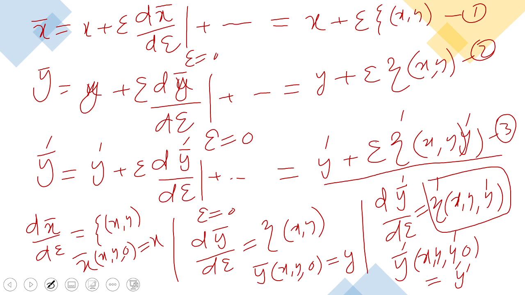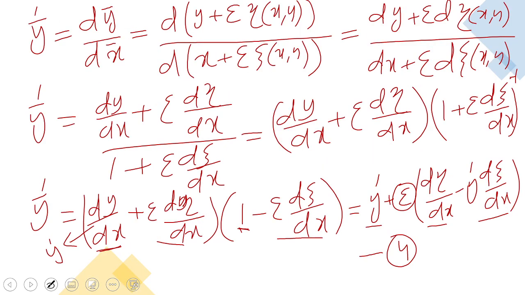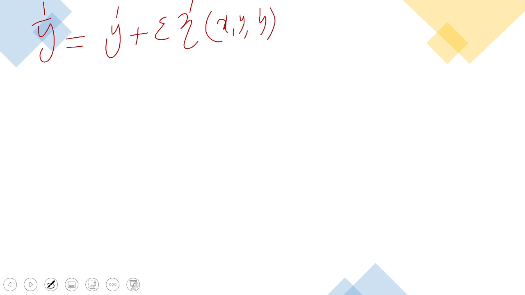So if I compare 3 and 4, I'm writing again, what is 3? 3 is y bar dash equal to y dash plus epsilon eta 1, neglecting higher terms in epsilon.